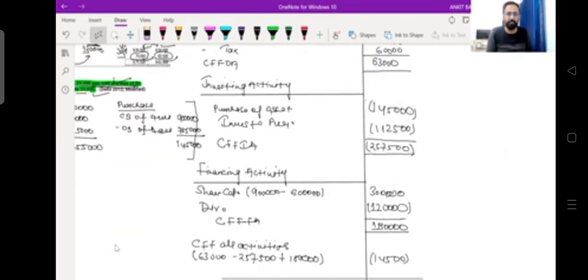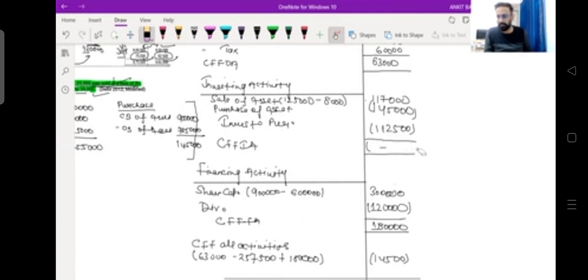Now we will get it corrected. So here I have to write down sale of asset. Sale of asset whose book value is 1,25,000. I have only shown the effect of loss in operating, but I have not shown the whole in investing. So here there is a cash inflow of how much? It is 1,17,000. There will be change in cash flow from investing activity.